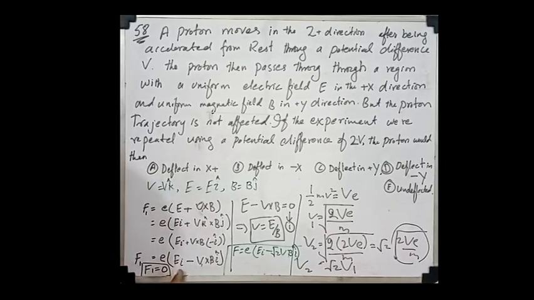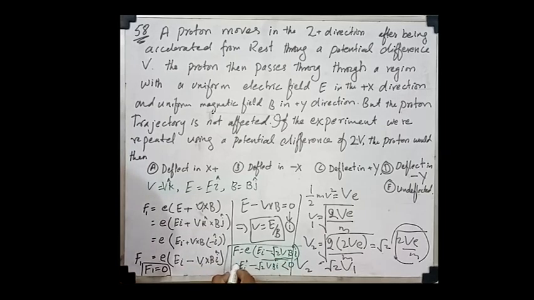Now this was 0 when the charge was undeflected. Now this term has increased by square root 2. So the difference of these two terms, the electric field E in the i direction minus the product of square root 2 v1 B in the i direction, is less than 0, because this term has increased by square root 2.